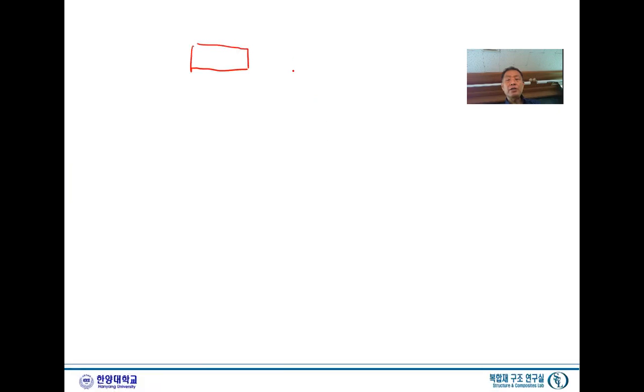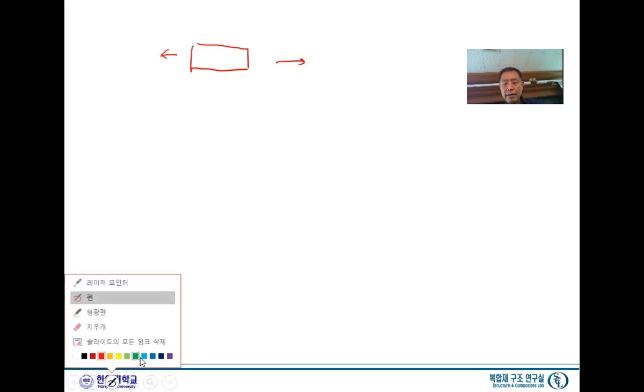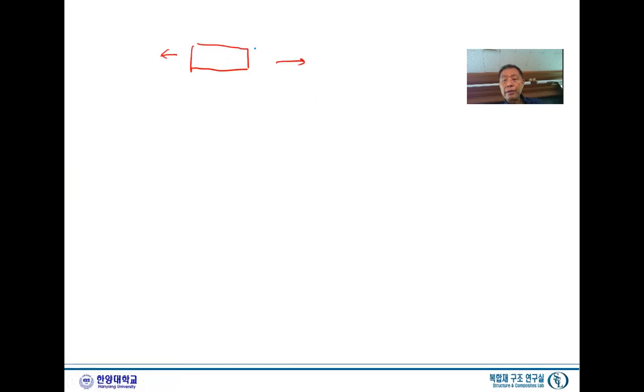In case of a bar, as you know, all the deformation is this way, this much. So simply you can say this is the L, and this is a delta, and strain epsilon x is simply delta over L, right? This was the case of a bar.